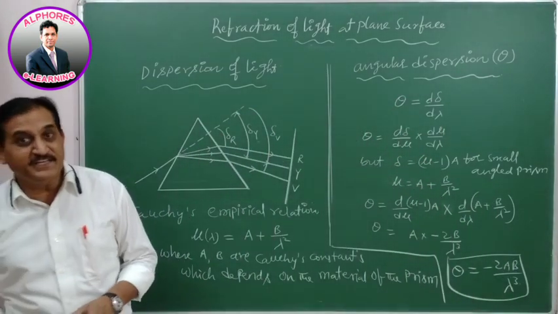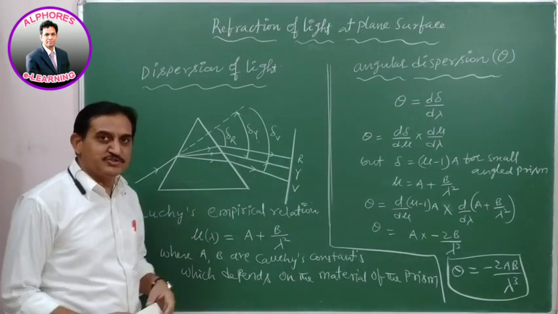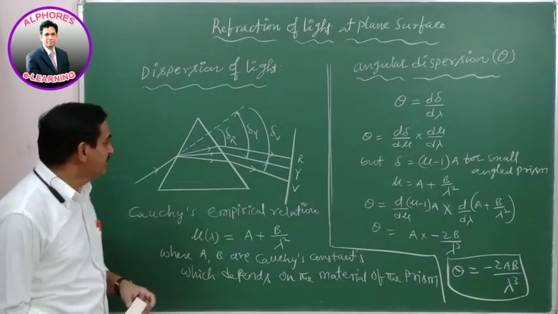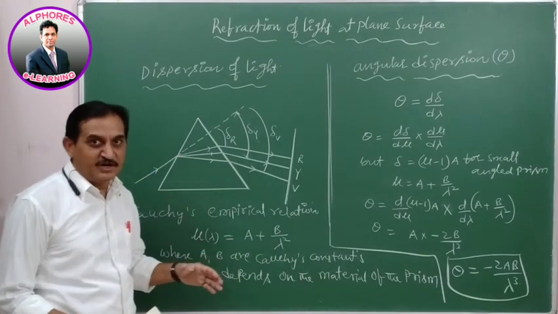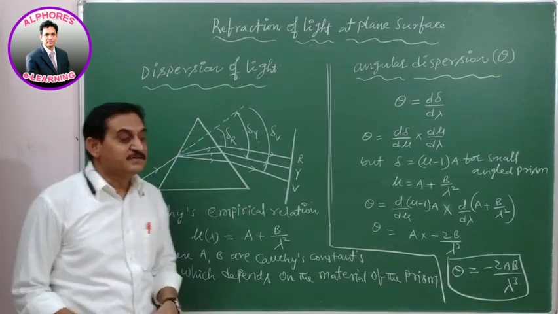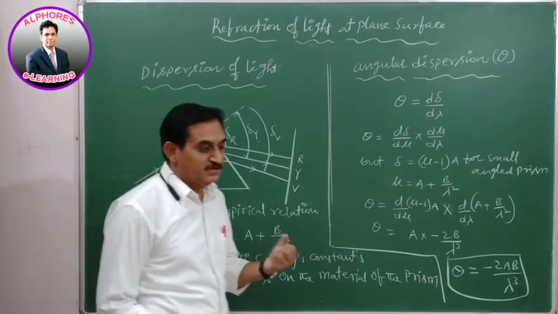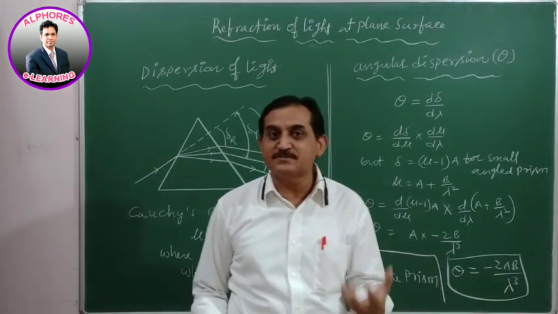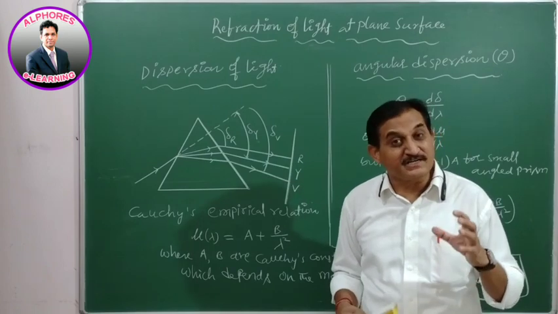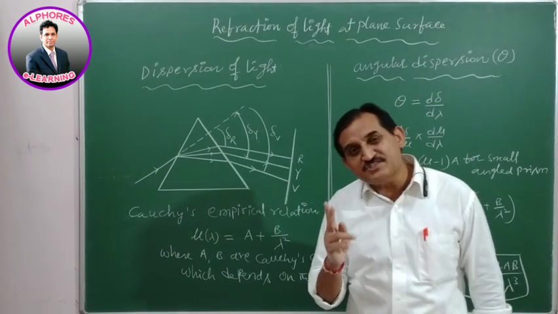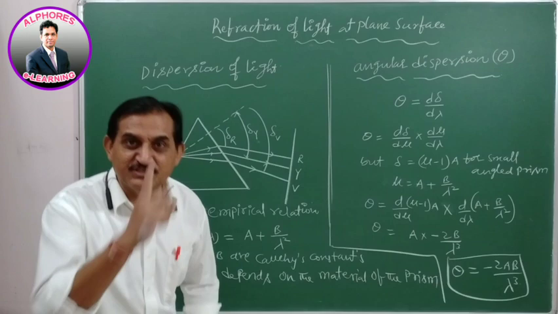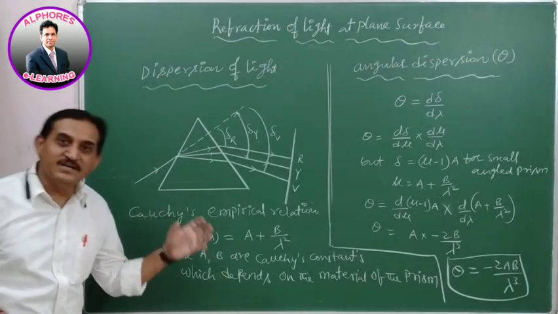The spectrum is produced by the prism after dispersion when a screen is kept on the other side, and the separated 7 colors fall on the screen, giving a collection of different colored bands known as a spectrum. Yellow color is the mean light.